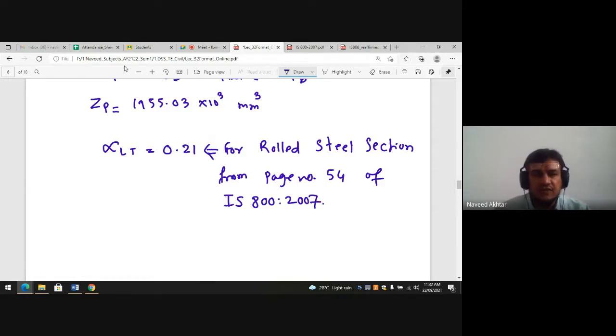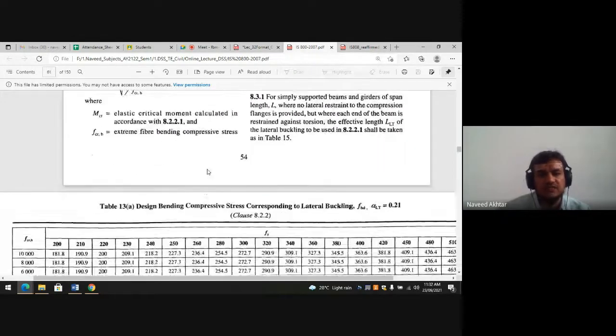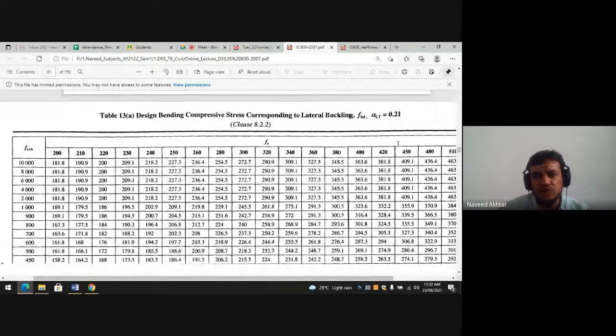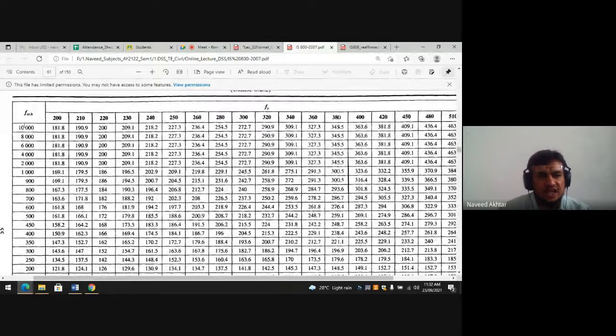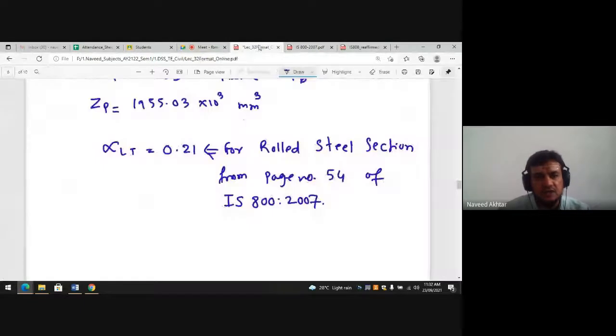Okay, now we know the alpha LT value, and what more is required to find this value? So alpha LT 0.21. We need FCRB, which we have already found out. It is nothing but 711.